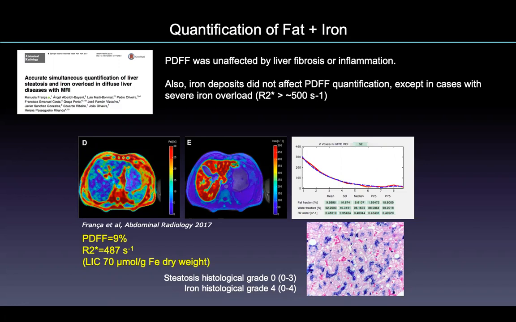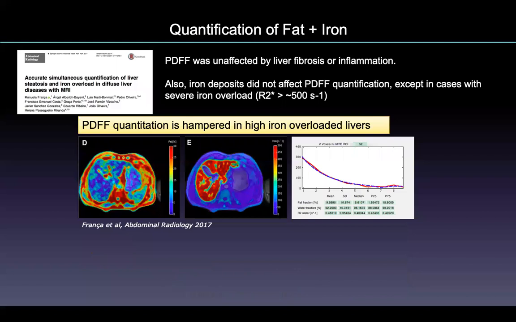So in cases of severe iron overload, the fat water decomposition can be compromised due to the lack of signal, and PDFF quantification might be hampered in cases of iron overloaded livers. In our study, in livers with R2 star measurements higher than 500 seconds minus 1.